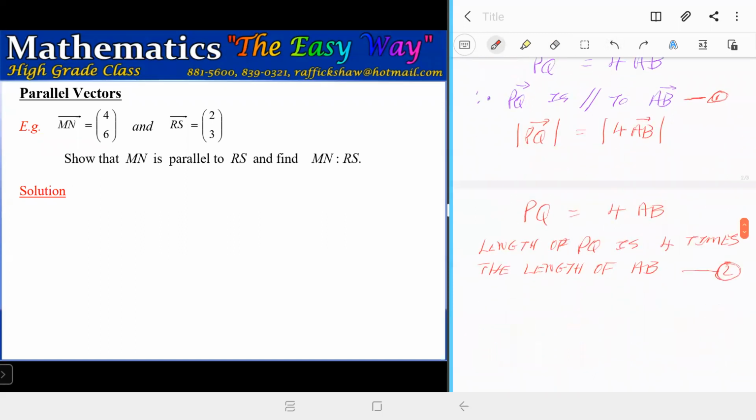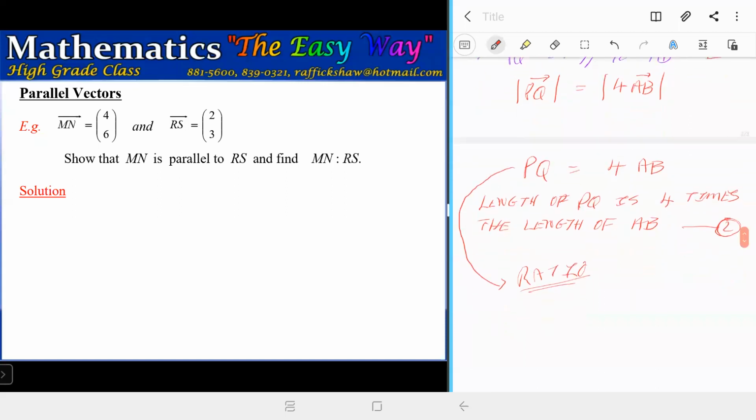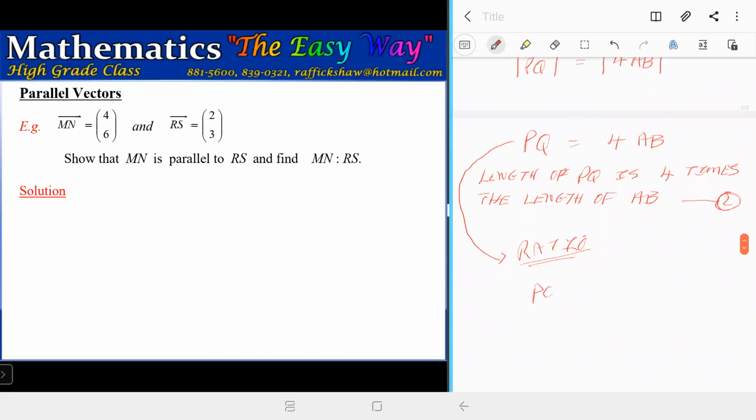So that is it. Sometimes they might want you to express it as a ratio. And what we would do is PQ divided by AB. I would say we divide both sides by AB.